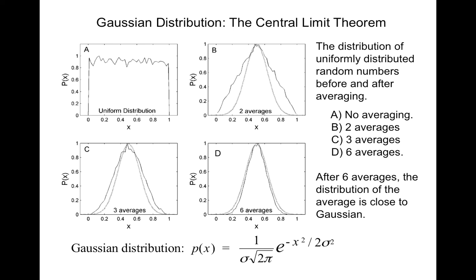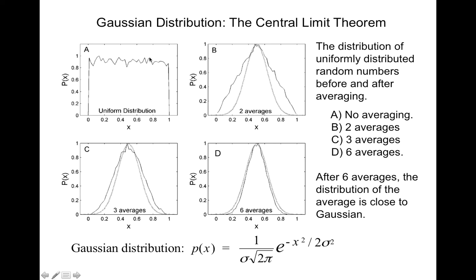So here is an example of what we just stated. In the top left corner here, we're just looking at some random numbers distributed between 0 and 1. The y-axis here is the probability that you will generate that particular number.